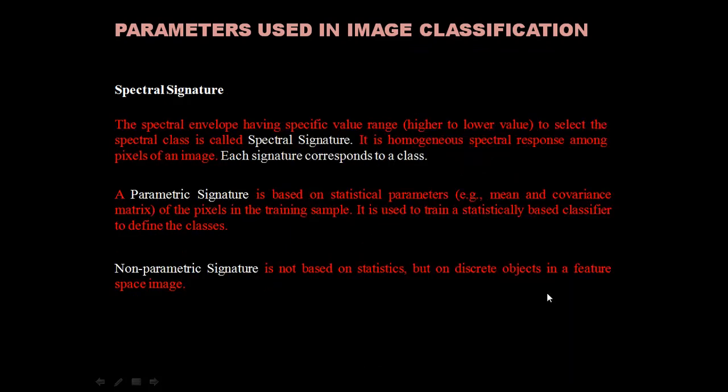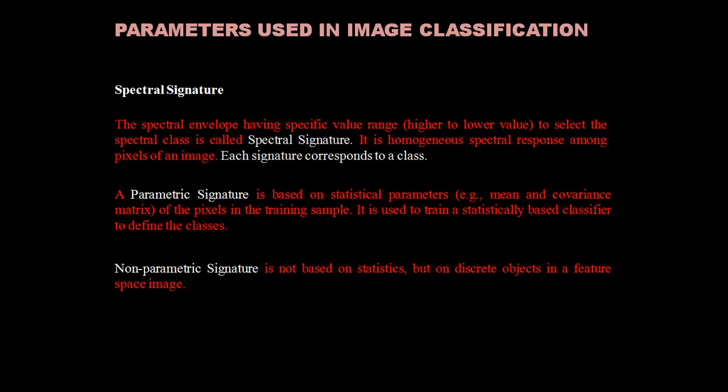So let's come to the spectral signature, which is very, very important. This is the most important parameter in multispectral classification, and that is what I defined earlier as the spectral envelope. The spectral signature is basically the spectral envelope, which has some higher and lower values, and within this value range we can get the information class.